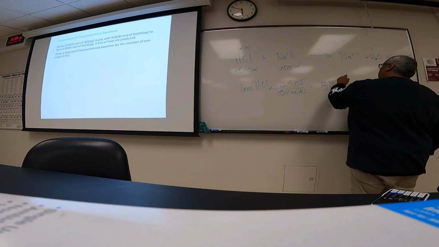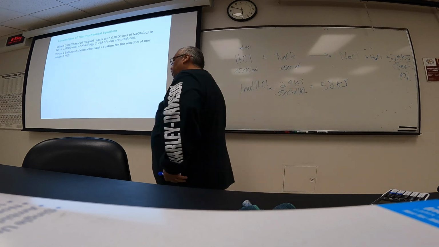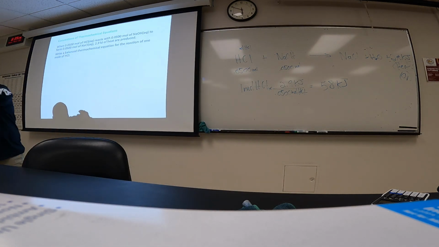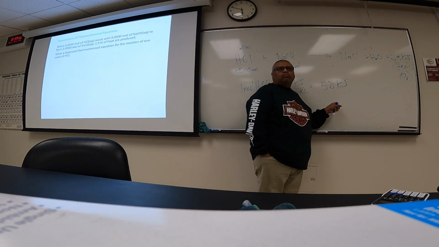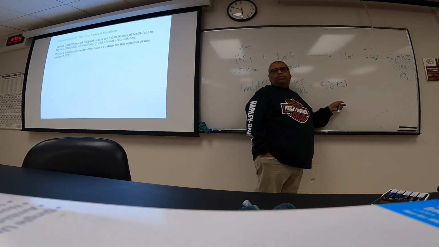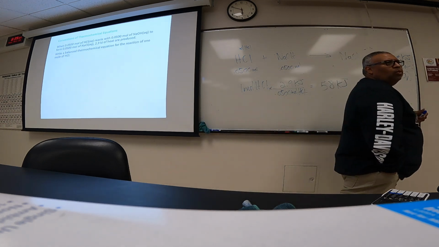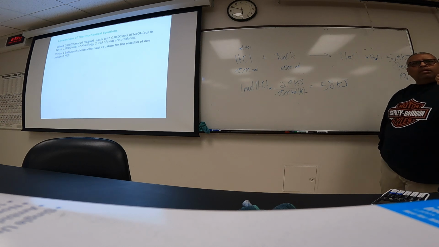I'm going to give you guys a minute here to look at this answer. Out of everything that we have talked about so far just this morning, is this the correct answer? No. What are we missing? The change in the water.